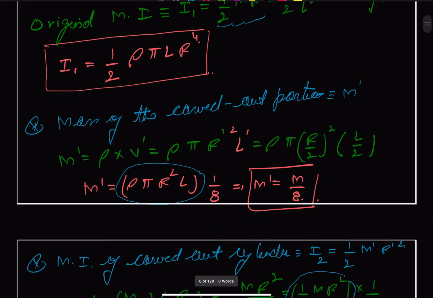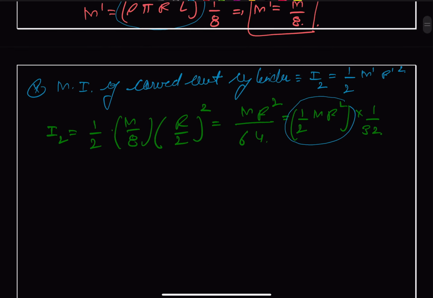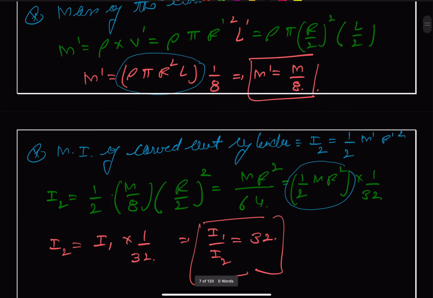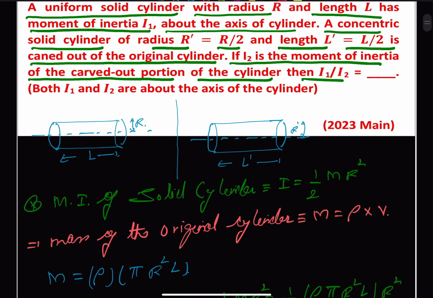So this is our I1, so we simply substitute I1. So we get that I2 is equal to I1 multiplied by 1 upon 32. So the ratio I1 upon I2 is equal to 32. So the answer is 32.